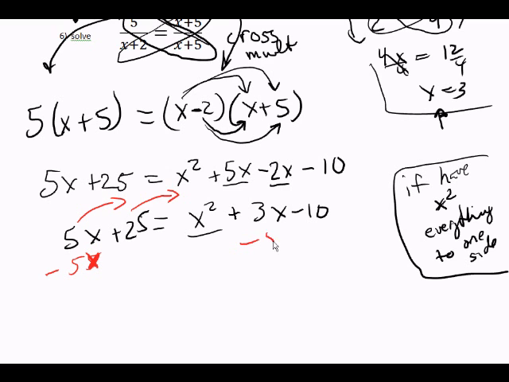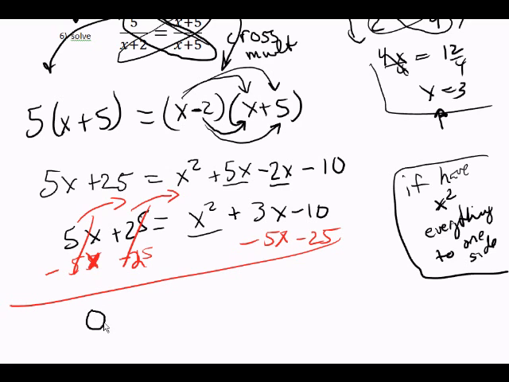How do I take the 5x to the other side? And I'm going to put that right below this. And how do I get the 25 to the other side? These turn to 0.